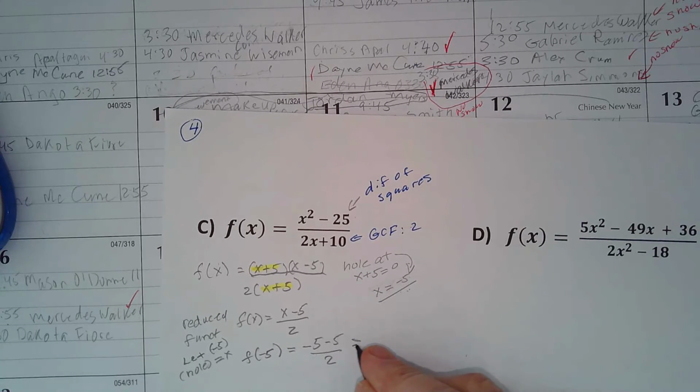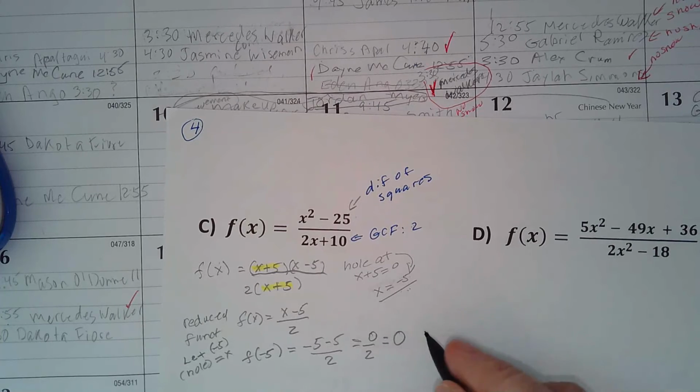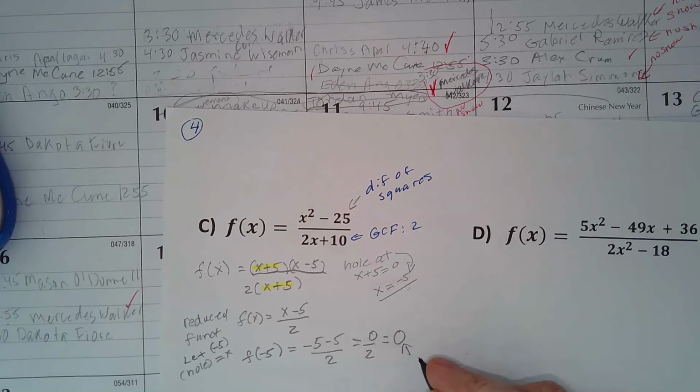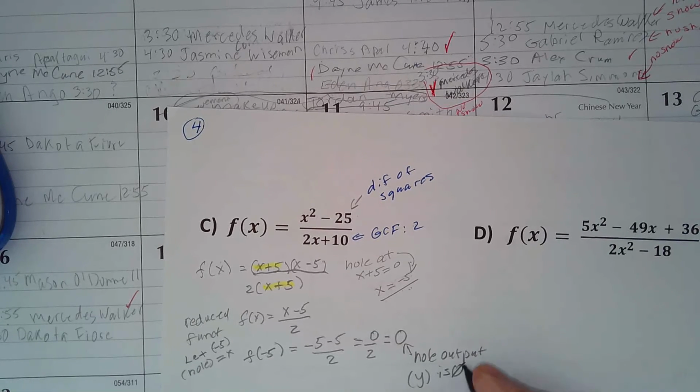Well, that equals 0 over 2. Now here the 0 is in the numerator, so that's going to just be 0. So your whole output, which is y, is 0.